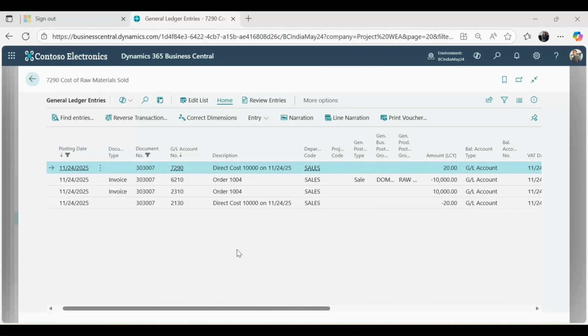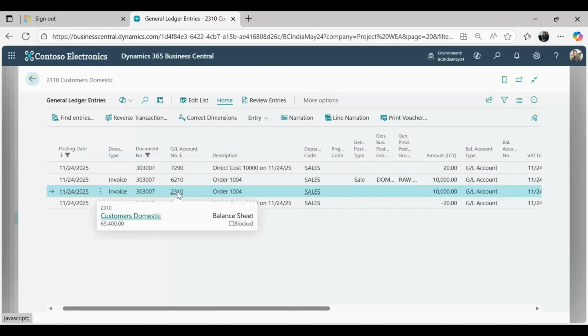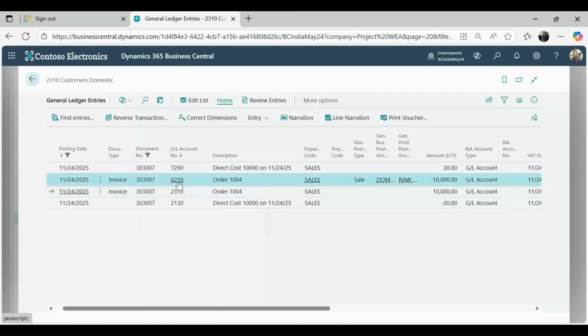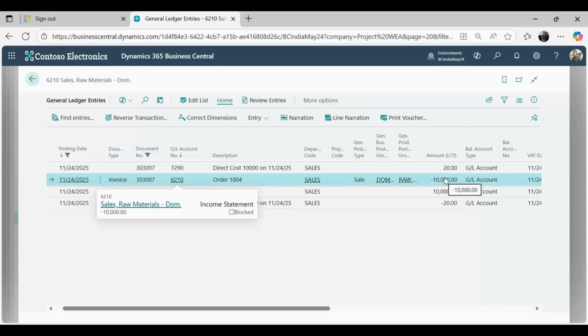In the first entry, our receivable account 2310 is debited by rupees 10,000 and our sales account 6210 is credited by rupees 10,000. This entry records that we sold goods and the customer now owes us money. Revenue is recognized immediately upon invoicing.